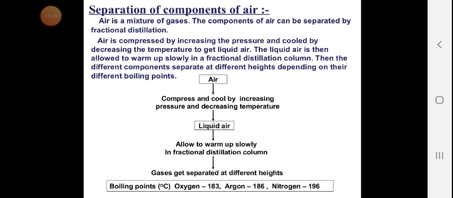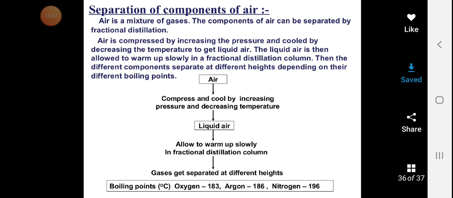Now let's talk about the separation of components of air. How will you separate the air components? Air is a mixture of gases, as you know. The components of air can be separated by fractional distillation. Air is compressed by increasing the pressure and cooled down by decreasing the temperature to get liquid air.